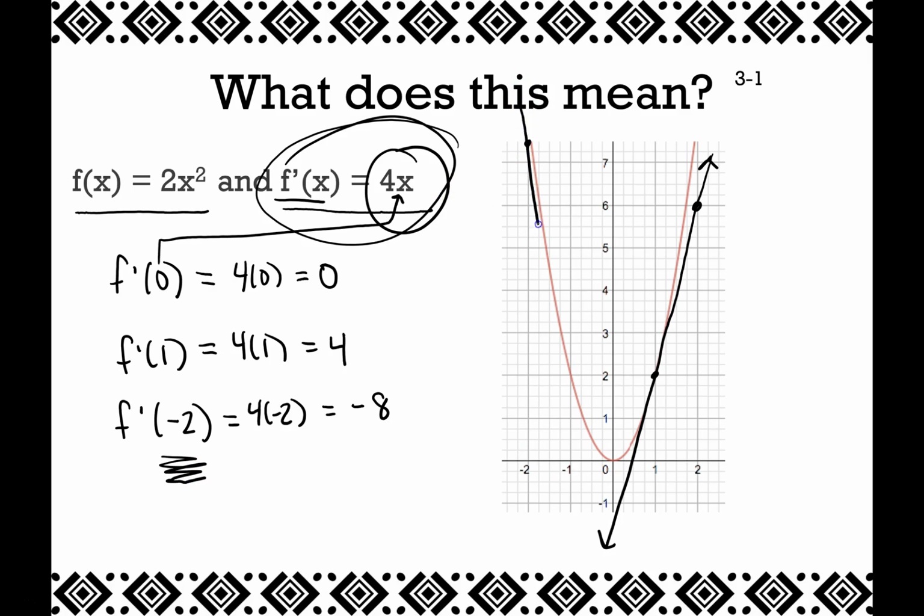The slope of that tangent line would be -8. And so you have found the slope of the tangent line for any x value that you want on this graph. So I'm hoping that that kind of gives you an idea of what a derivative is, what a derivative function is.